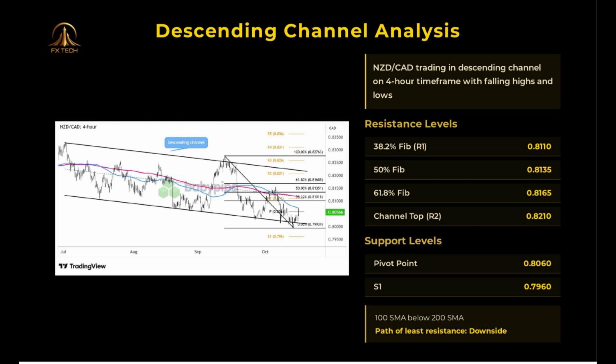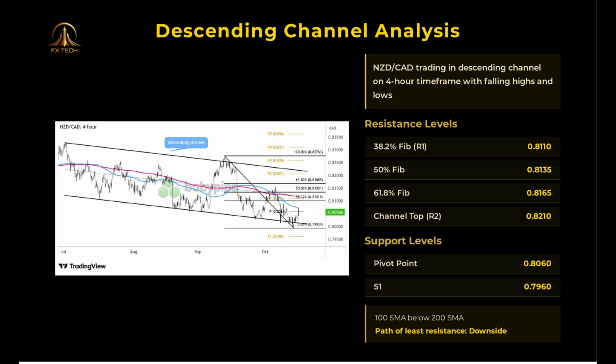The 50% level sits at 0.8135. The 61.8% level is at 0.8165, and the channel top near R2 is at 0.8210. On the downside, support is found at the pivot point of 0.8060 and S1 at 0.7960.